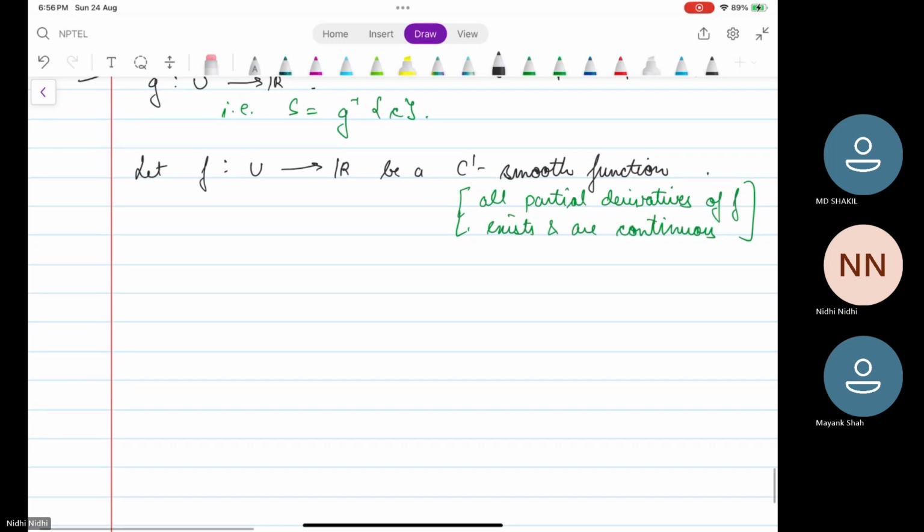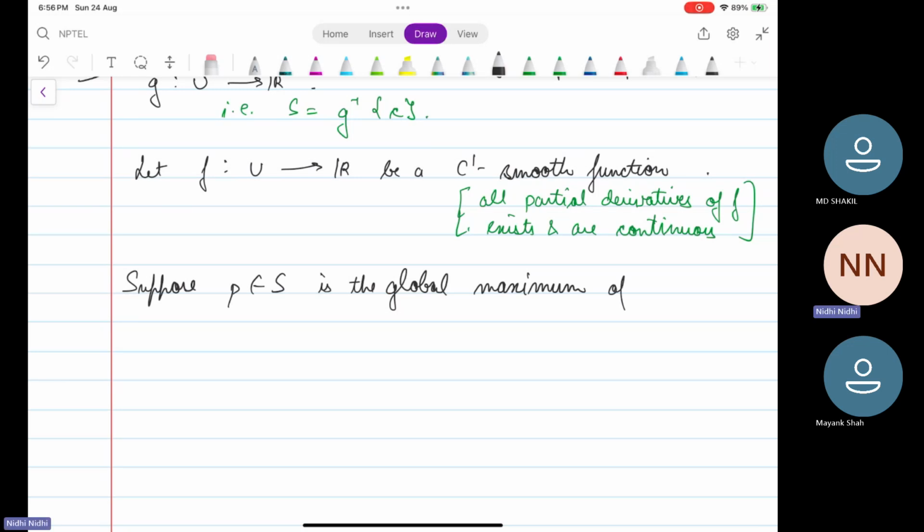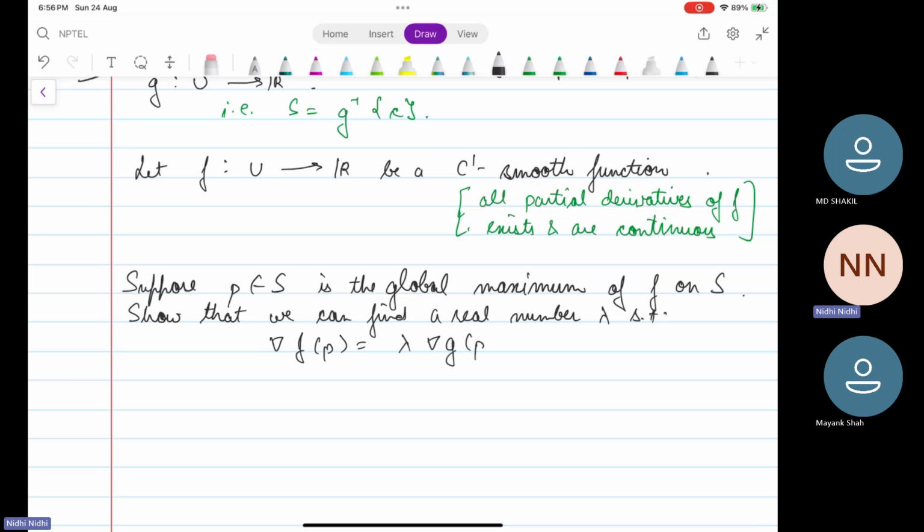Suppose P belonging to S is the global maximum of f on S. Show that we can find a real number lambda such that the gradient of f at p is equal to lambda times the gradient of g at p.